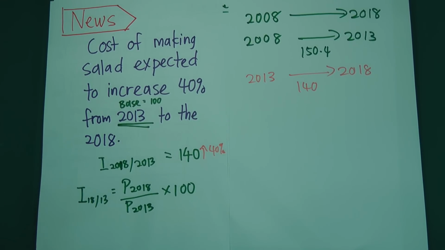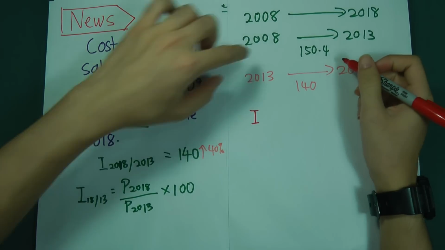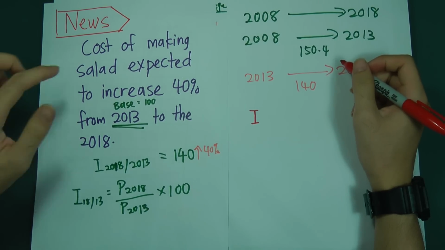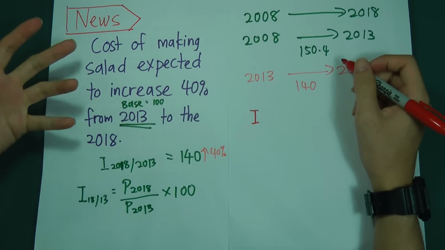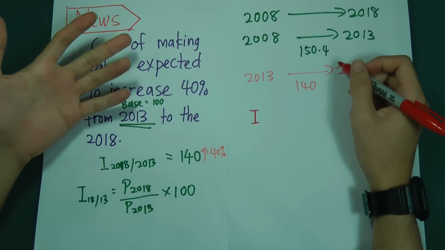Okay, maybe I just write out the formula. In order to get the composite index, actually this is composite index because this one is the overall increase, because he didn't tell you whether it's egg increase, bacon increase or blue cheese increase. It's just say making salad increase, means it's the composite index already.